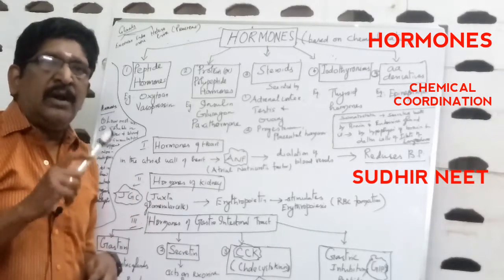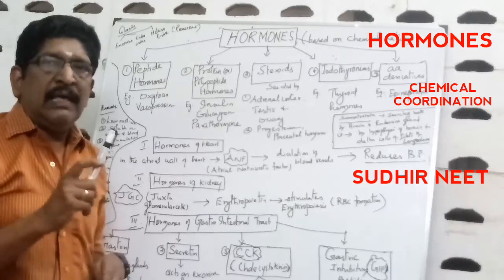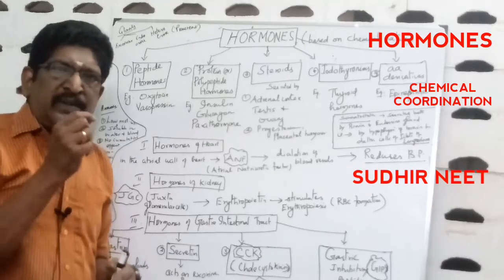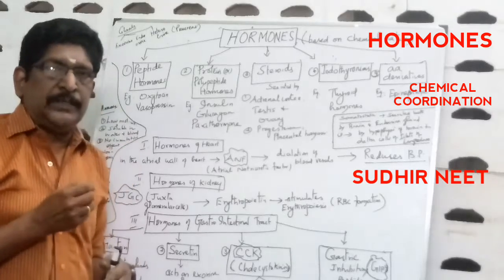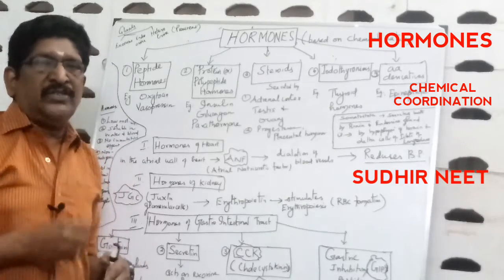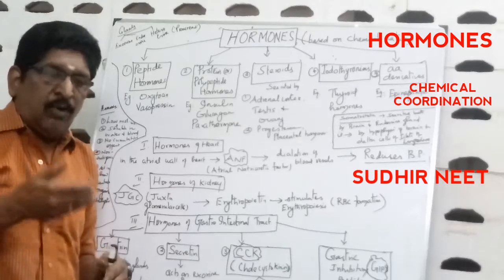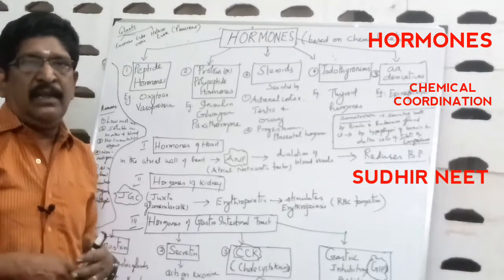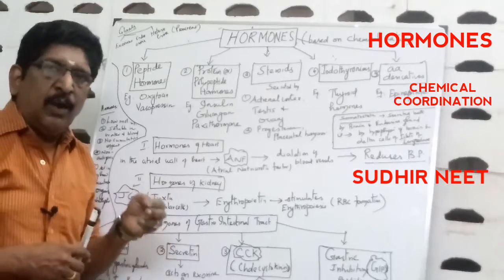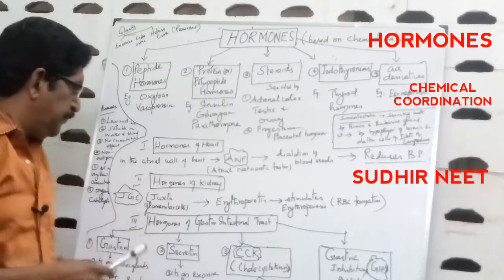Number four, they are non-antigenic. And then they are produced in very low concentration. They act in very low concentration. Very low concentration is enough for their action. So they are produced in very meager amounts.